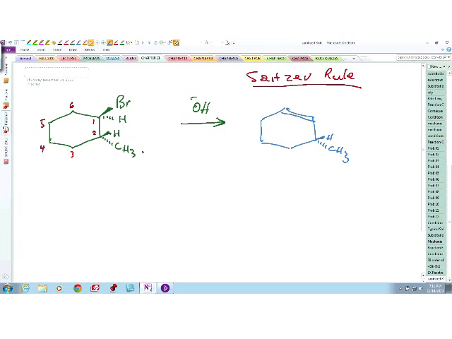Now, ordinarily, if I did not show the stereochemistry, if all I did was just give you this, I just do this here, bromine is here, and hydrogen is here, no stereochemistry is shown. And then I say hydrogen is here, methyl is here.